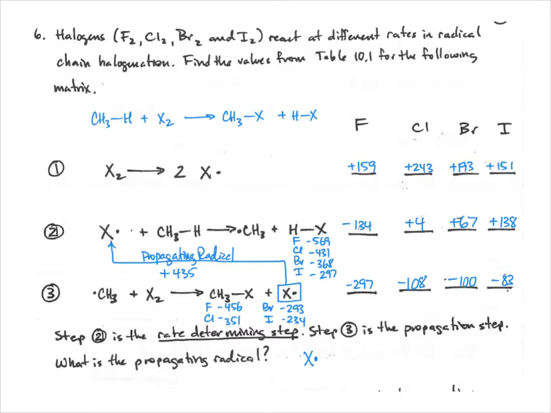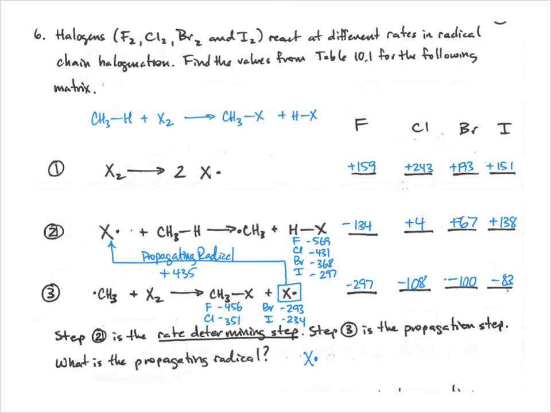So in the chain reaction from step 2 to step 3, X goes back in. The heat produced in this second propagation step must be greater than what is required for the first propagation step to occur. Does everyone follow that?